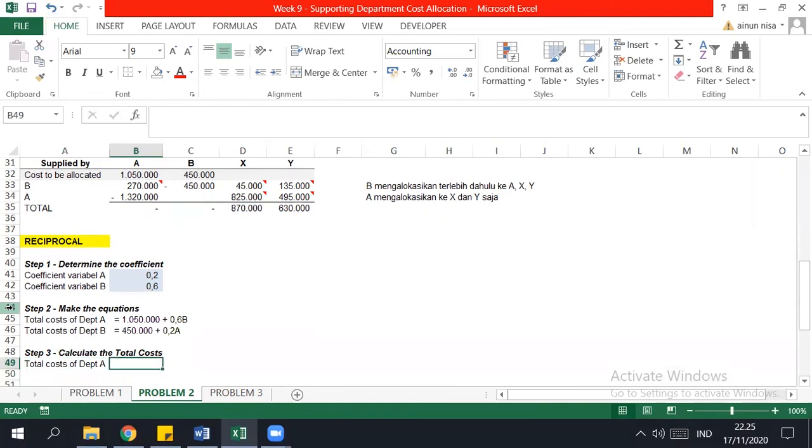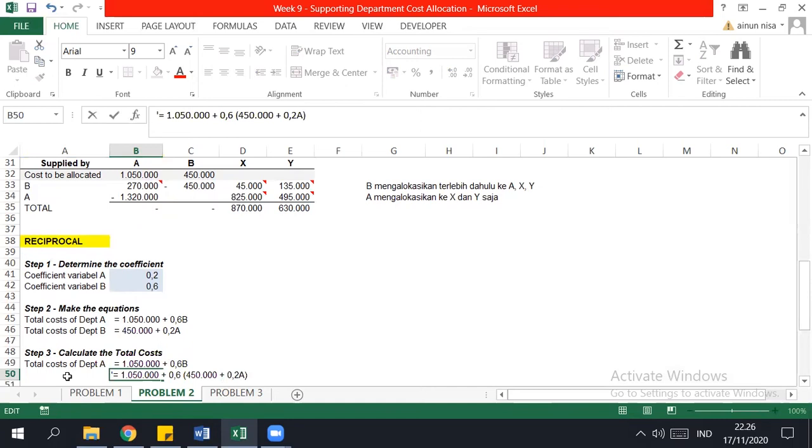And after that, we have to calculate the total cost. So for the total cost of department A, it is 1,050,000 plus 0.6b, but we can change the b variable here with the equation of total cost of department B, which is 450,000 plus 0.2a.